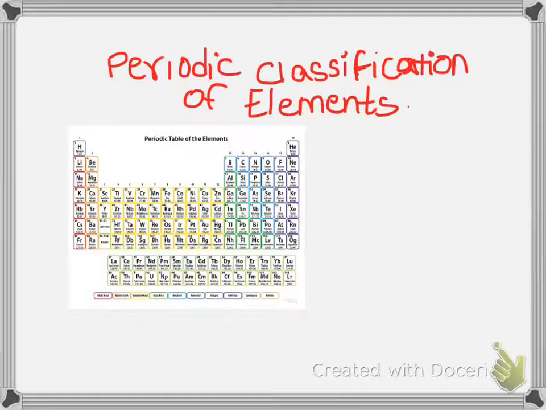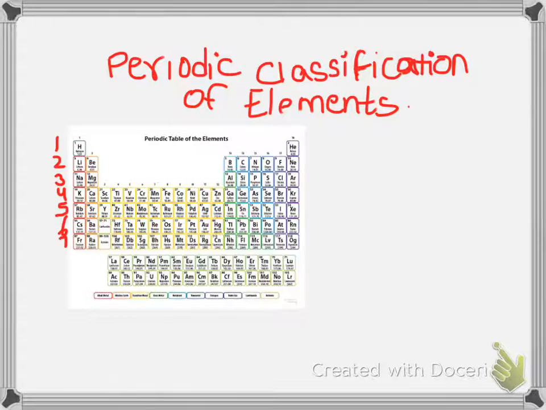As we discussed in part 1, let's recap again. Periods are the horizontal rows. The periods in this table are 1, 2, 3, 4, 5, 6 and 7.